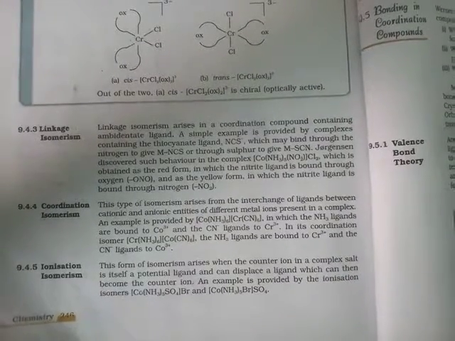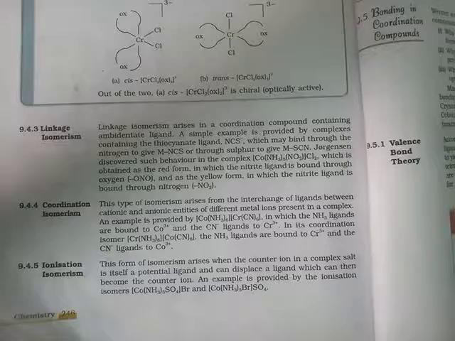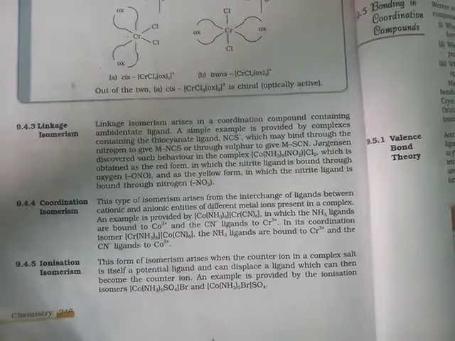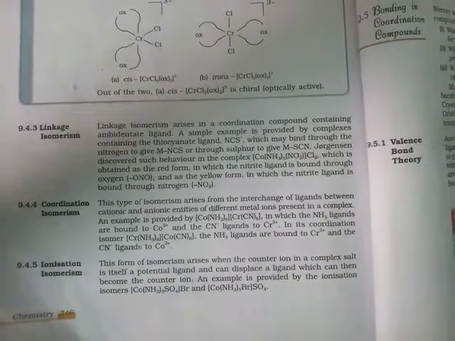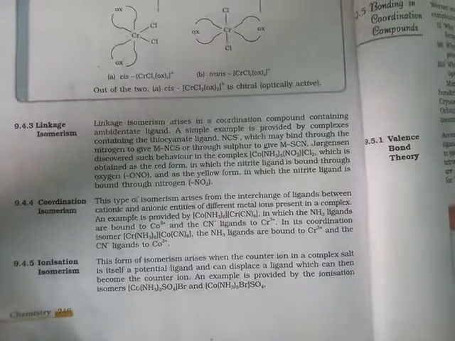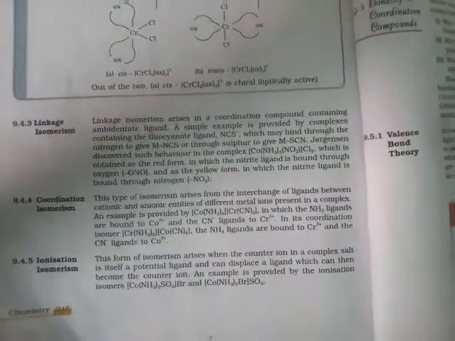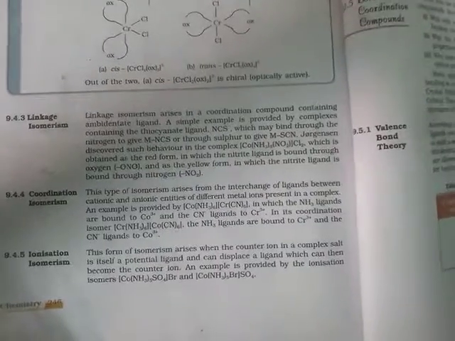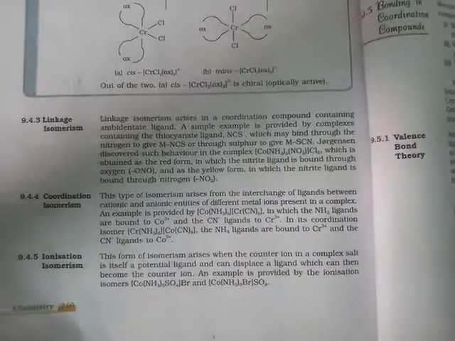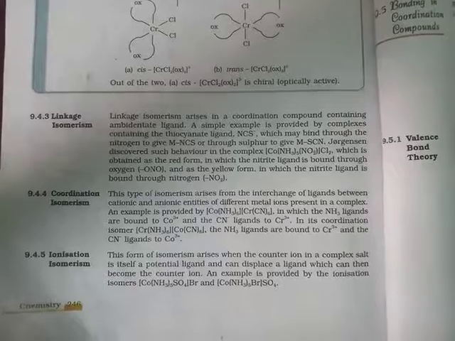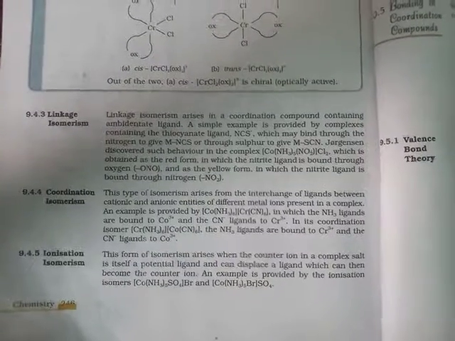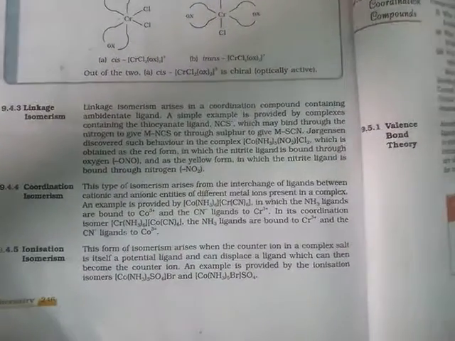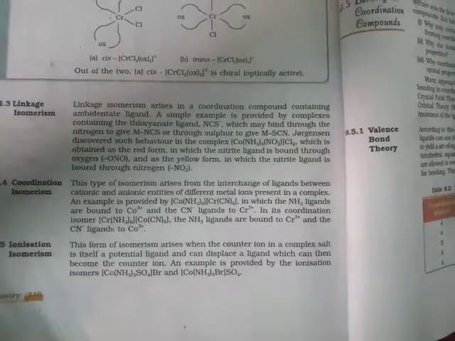Okay, different ligands or different number of ligands or whatever it is, but stereoisomers have different arrangement in space and structural isomers have different ligands only or different bonds only. Okay, so there are 4 kinds of structural isomers: linkage isomerism, coordination isomerism, ionization isomerism, and solvate or hydrate isomerism. Solvate and hydrate are the same thing.